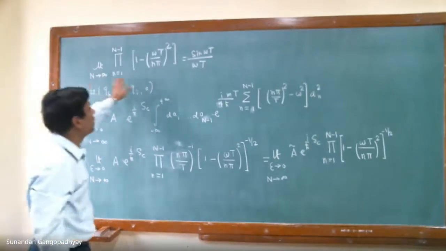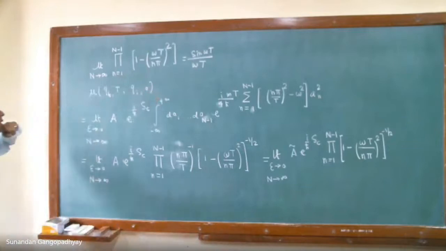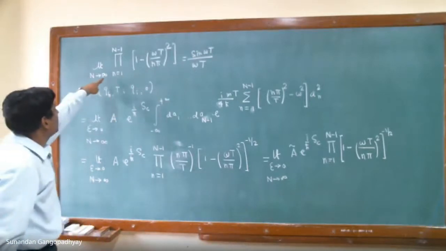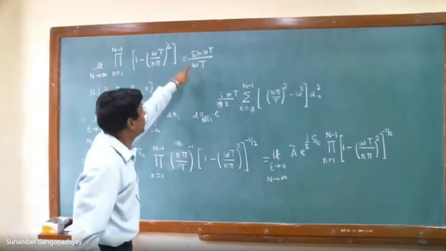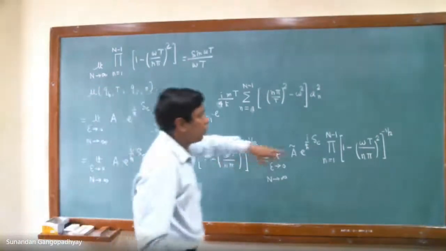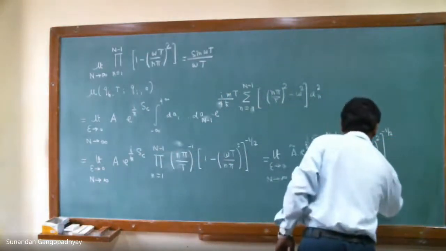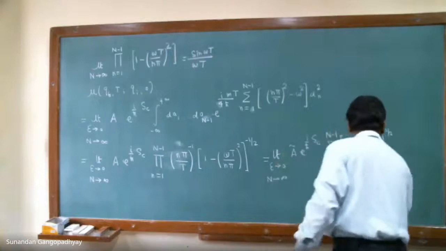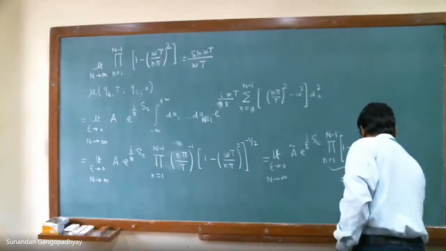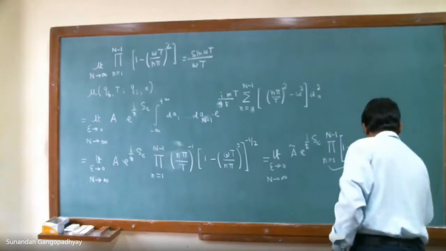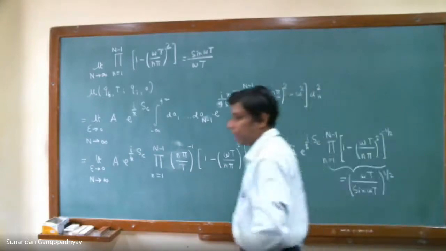I think this is Euler's identity. You can check it, I think I'm not wrong. So if you take this limit of this product, it will be sine omega T by omega T. So you have the power of minus half over here. So in this limit, this will be basically (omega T by sine omega T) to the power of half.